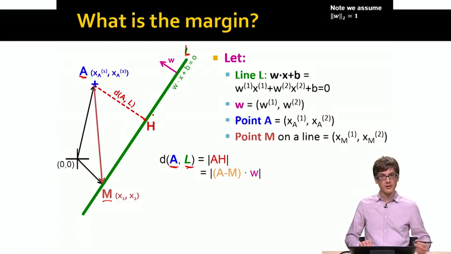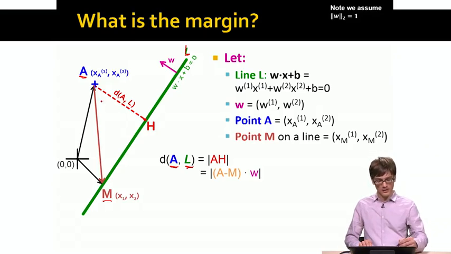So the way we can think of this is the following. If we think about the vector from A to M, we compute this brown vector as A minus M, and now we multiply this vector with w. If we think about this multiplication, it says: if we project our vector A minus M on w, what is its length?